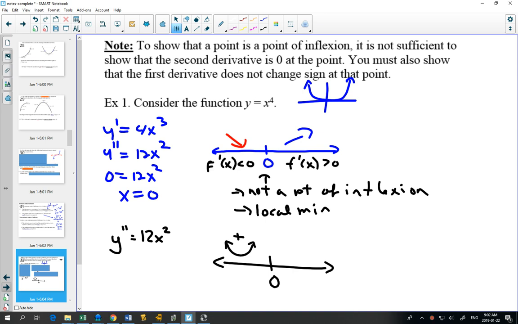There's your positive cyclops. And it's happy, so it's concave up. Plug in something bigger than 0, it's also positive. It would also be concave up. And since our graph doesn't change concavity at 0, it is not a point of inflection.